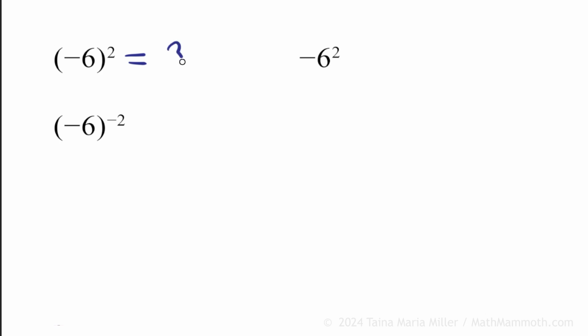So we get 36. It's not negative anymore. This one here does not mean the same. In this one here, it's only 6 squared, and then we take the opposite of that, okay? So the squaring, the exponent applies only to 6, not to the negative. So we first do 6 squared, that's 36, and then we put the minus sign in front of it.